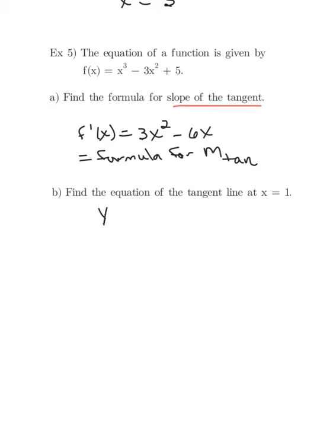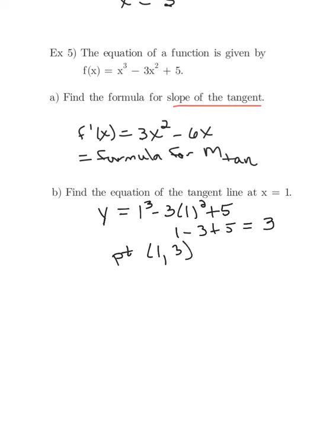So y equals 1 to the third minus 3 times 1 squared plus 5, which gives us 1 minus 3 plus 5, which gives us 3. So our point then is (1, 3). Since we have the point, now we need the slope.